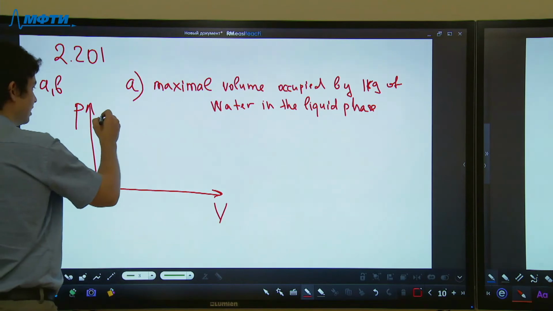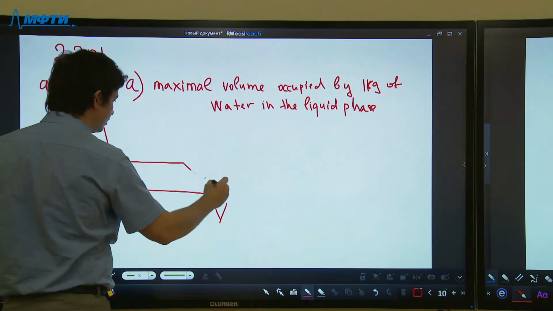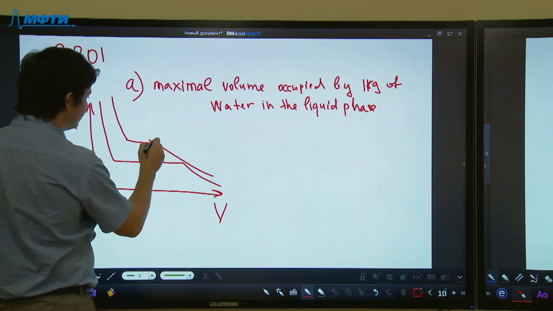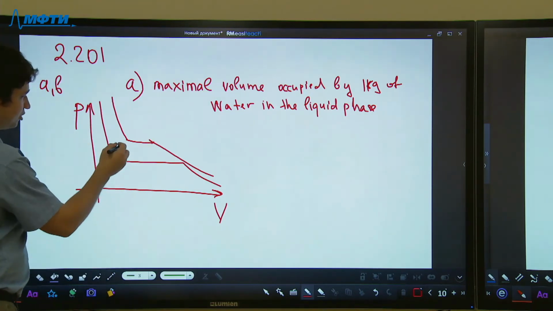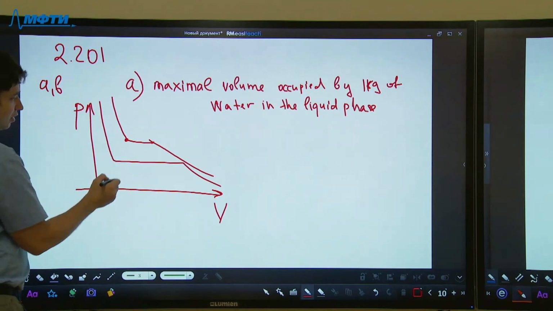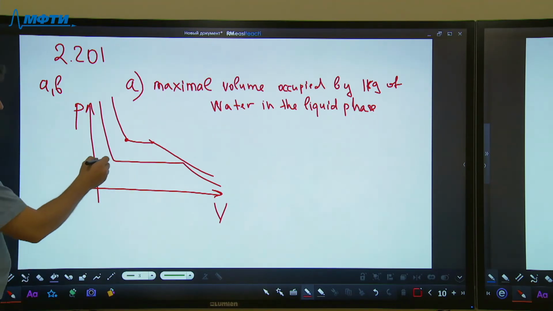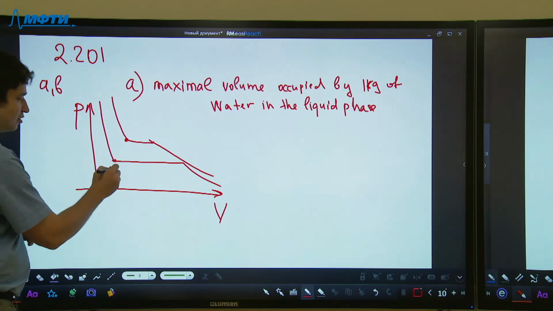So let's look at the isotherms of water. And as we see, as we increase temperature, the volume occupied by the liquid phase, so this point corresponds to 100% of liquid.